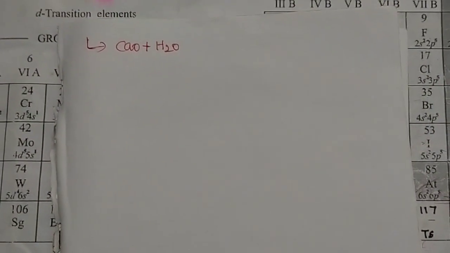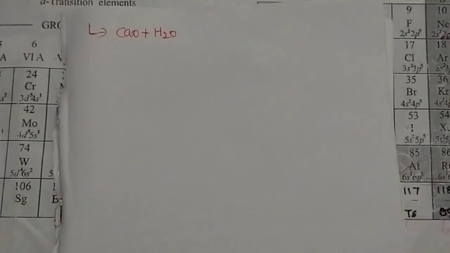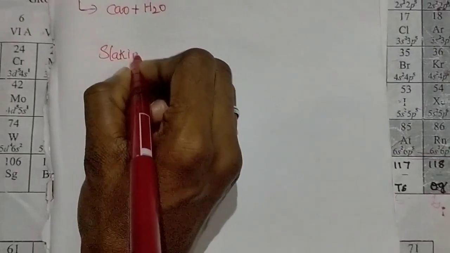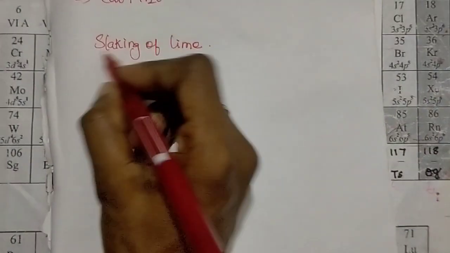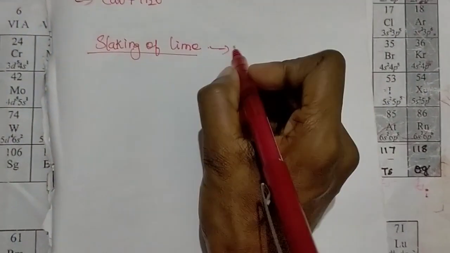This reaction, the breaking of lumps of lime, is generally known as slaking of lime.